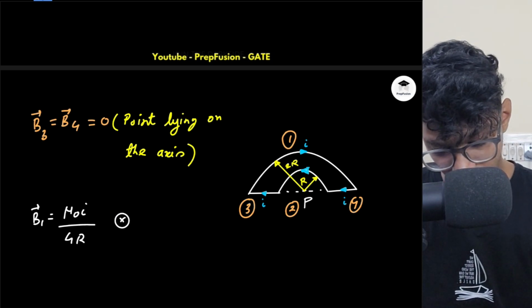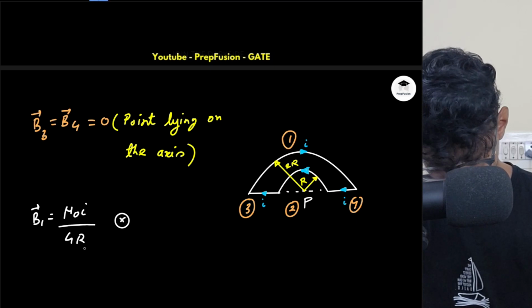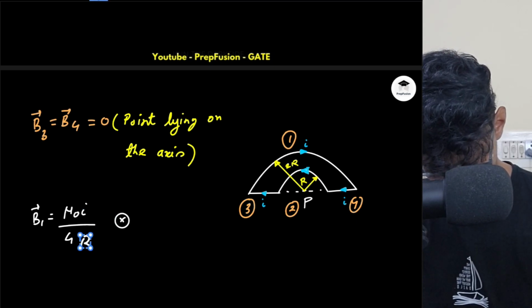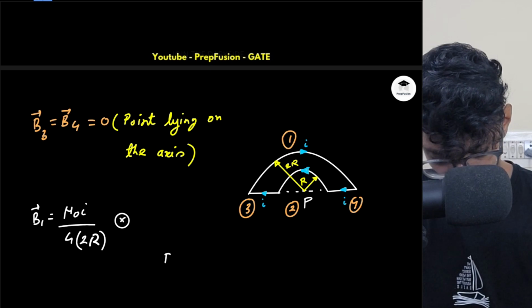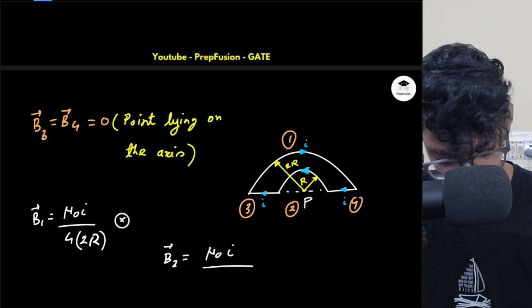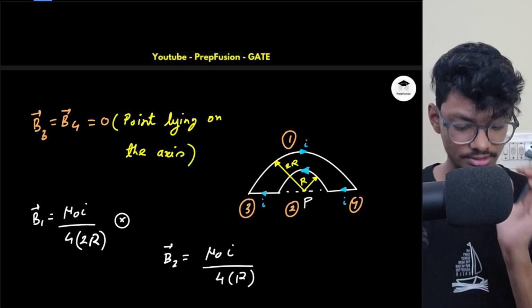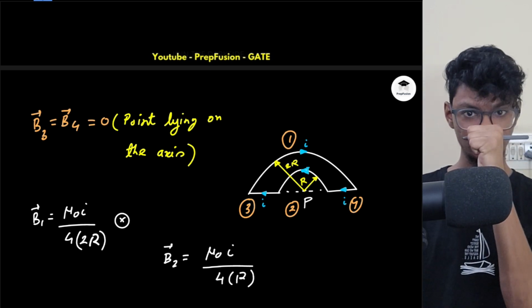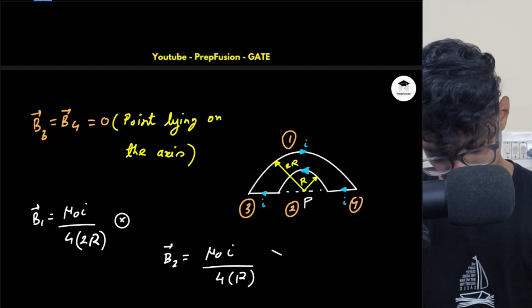And remember this radius is 2R, not simply R, so we write here 2R. And B2 will be mu naught I, the current is the same, divided by 4 into R. If I curl my fingers, I see the thumb is pointing towards me, so it is coming outwards. So these two are in opposite directions.